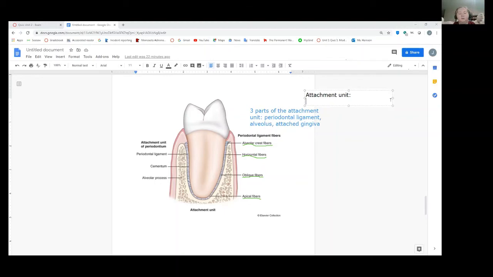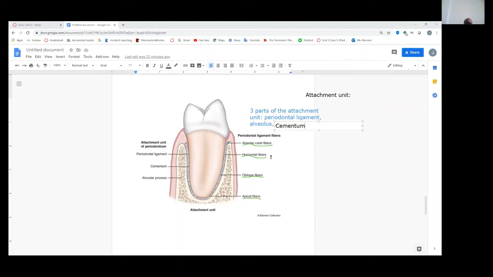It's attached to the bone and to the cementum, right, everybody? So I mistyped and wrote attached gingiva and I can't delete it. Instead of that, I'd like to say cementum. Thank you.